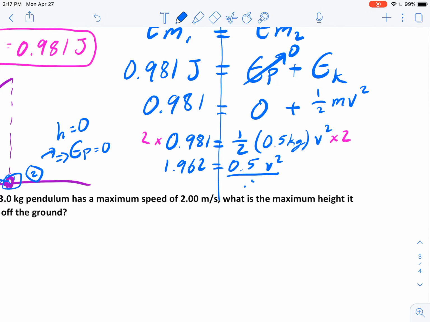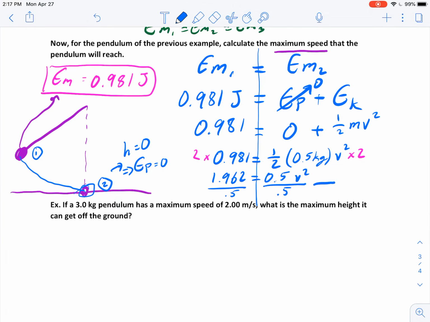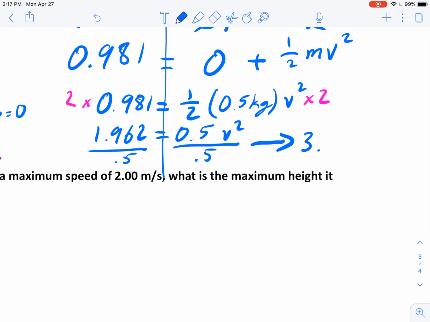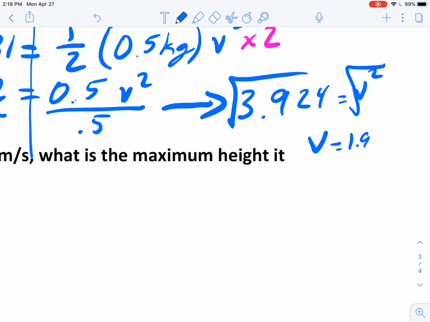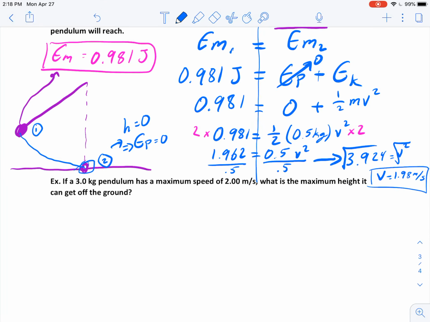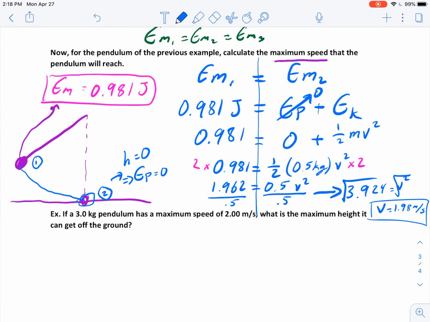We're going to divide both sides by 0.5. Just going to carry on over here. We get 3.924 equals v squared. Square root both sides. You get v is equal to 1.98 meters per second. And that would be our final answer. So the maximum speed of this pendulum is 1.98 meters per second.